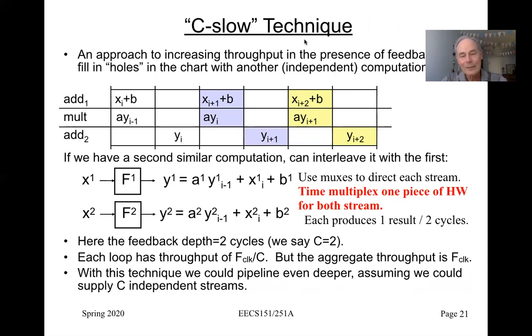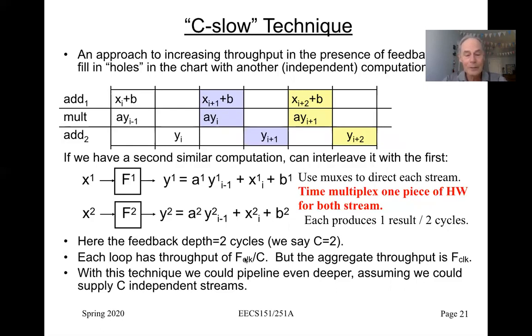That's what the C means. We're slowing down the computation of each one by a factor of 2. So each loop has a throughput of the clock frequency divided by C, in this case divided by 2. But the aggregate throughput is going to be 1 result per clock cycle. It's just 1 result for the left, and then the next result for the right, and then left, right, left, right, left, right.